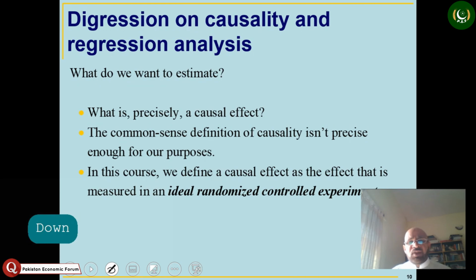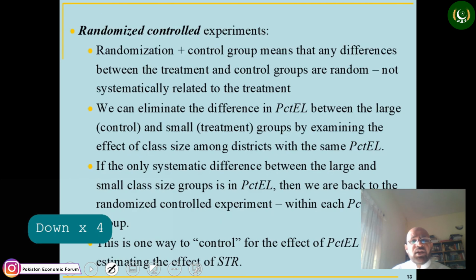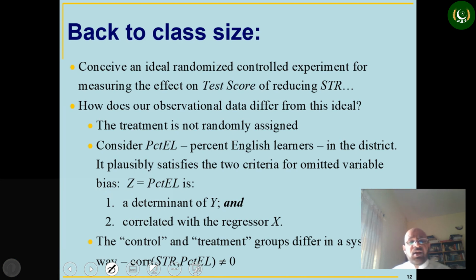So we don't go for these idealized random controlled trials at the moment. We come back to class size. In general, these idealized random controlled trials are not possible here, that we assign students randomly to small class size, large class size, as it's not permissible as well as not practical.